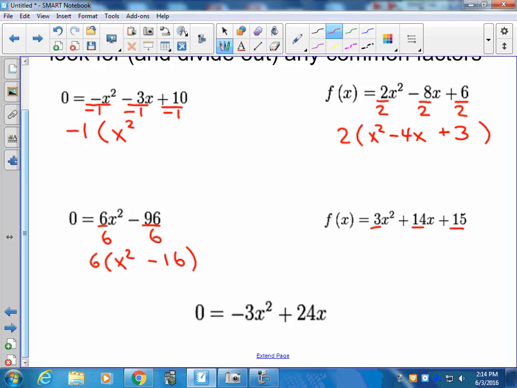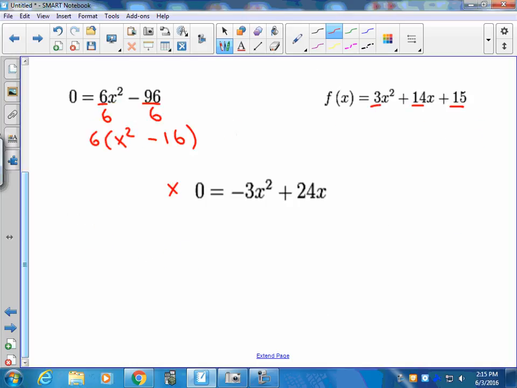And now all of my values will change signs. So I have -1 divided by -1, -3 divided by -1, and positive 10 divided by -1. Once again, it's going to give us an equation that's easier to graph and work off of for the rest of our factoring.